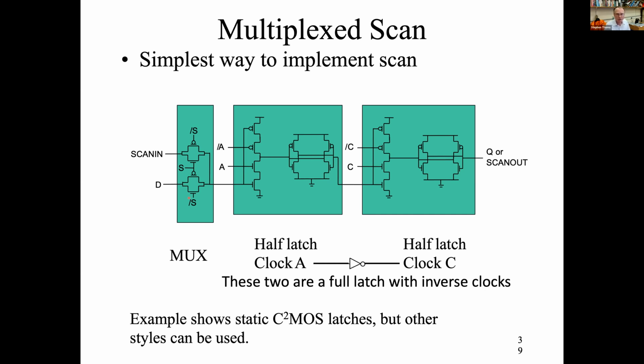And this is one small section of the whole device. So this shows how you do it with a C² latch, but clearly you can do it with other types as well.